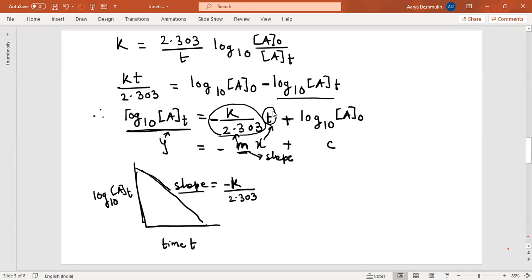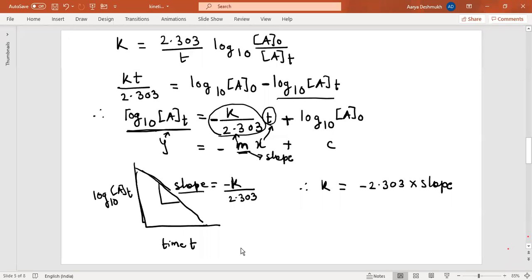The rate constant can also be calculated by looking at the graph. This is the graph of log At versus time t, and this is your slope here. Therefore, k, that is the rate constant, can be calculated as minus 2.303 into slope, isn't it?